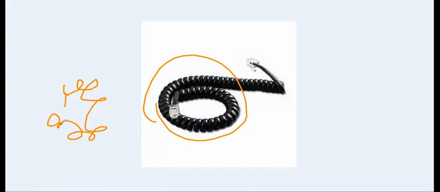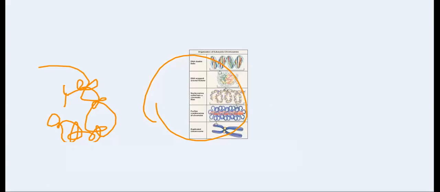This coiled part gets supercoiled, like this. This is called supercoiling. And this supercoiled part forms chromatin.